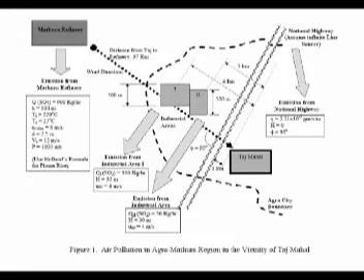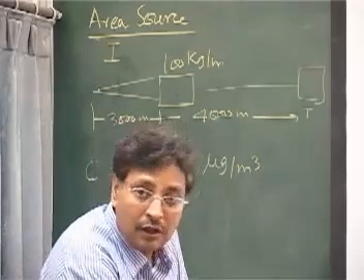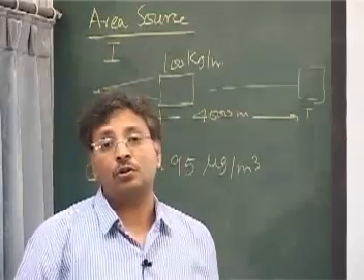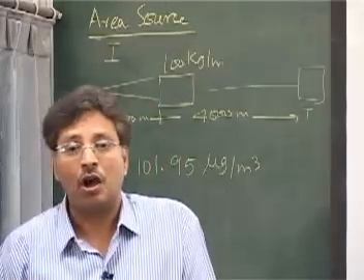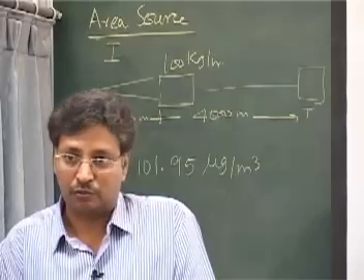Now we have to do the same thing for area source 2. Either you quickly do that one, or, just to save time, you know how to do it for area source 2, right?